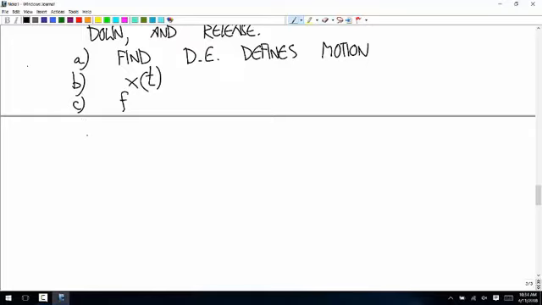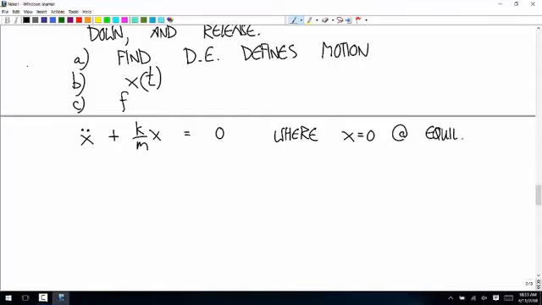So we know that the differential equation is x double dot plus k over m times x is equal to 0, where x equals 0 is at the equilibrium position.